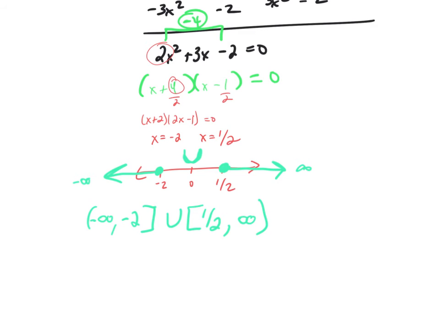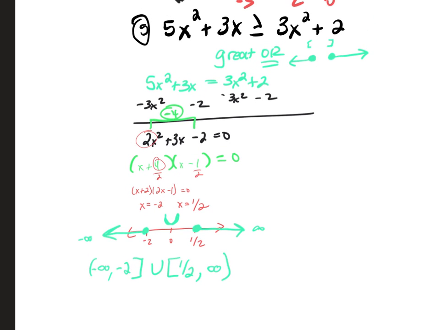Now we can check to see if this is right. What is the easiest number to check with? No, it's okay. You can still check with 0. When I check with 0, should it work or not work? It should not work. So let's go back to the beginning. Where's my original? 5 times 0 squared plus 3 times 0. Is that greater than or equal to 3 times 0 squared plus 2?